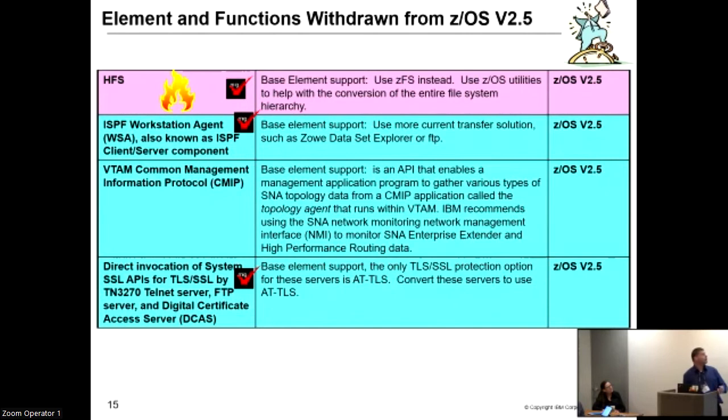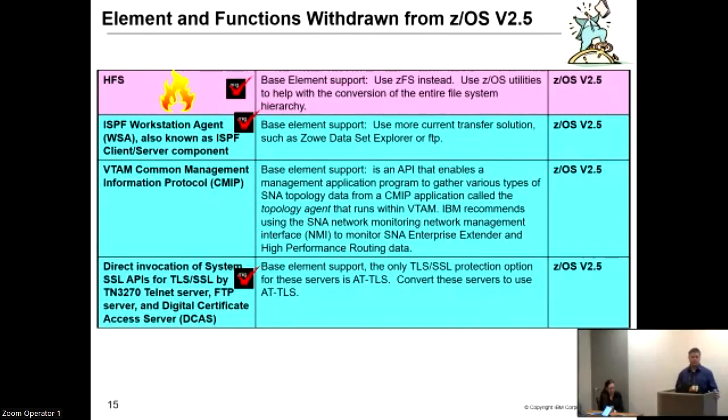All right, here's another fire item, the HFS. Starting in z/OS 2.5, HFS is no longer supported. You must move your HFSs to zFS. There is a utility provided, BPXWH2Z, that can help you with this migration. Second, the ISPF workstation agent is no longer supported.